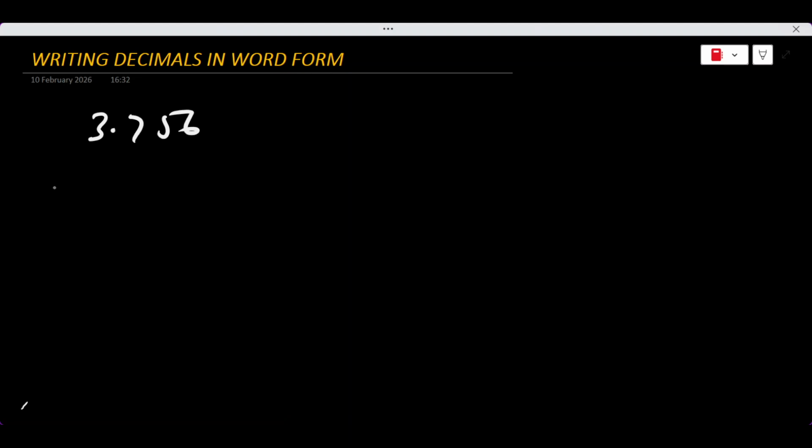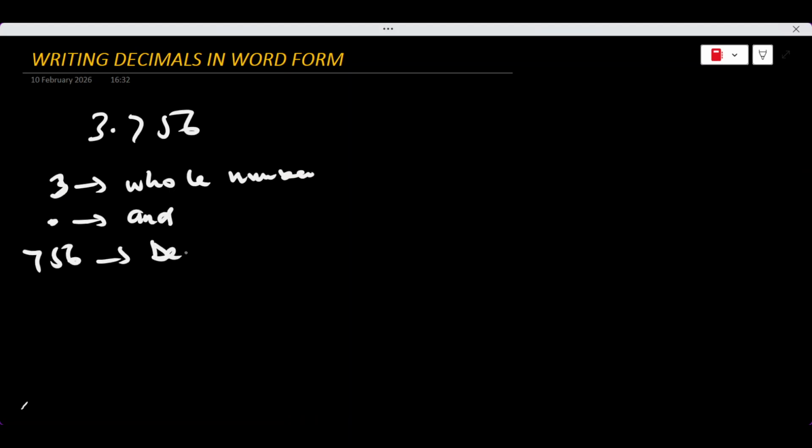You should write or say the whole number. So we have 3, which is the whole number part. And then we have the point for "and". Then we have 756 for the decimal part. And then we have what? The last digit.